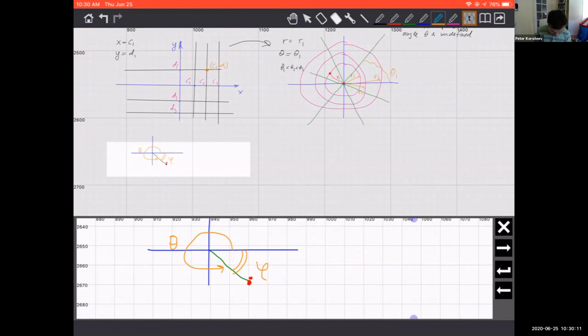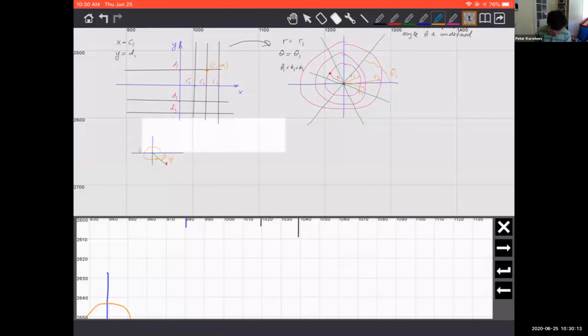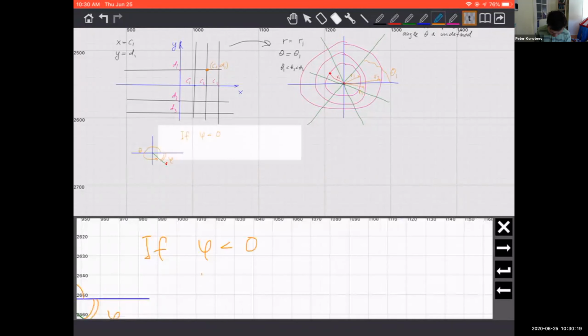And then of course, if phi is negative, so if phi is less than 0, you should replace it. Then phi is equal to theta minus 2 pi.